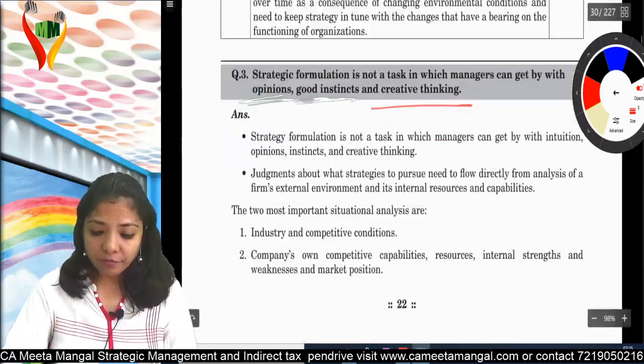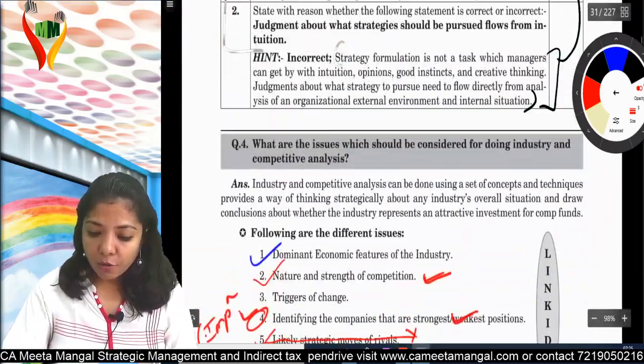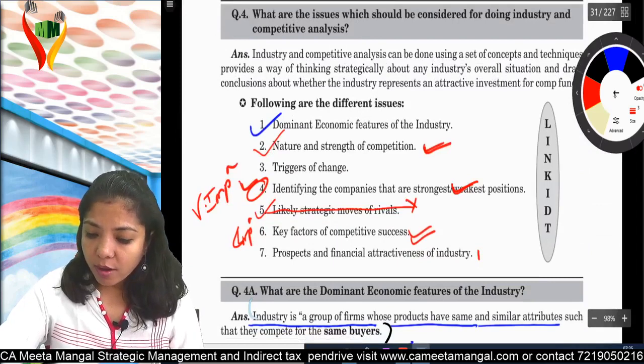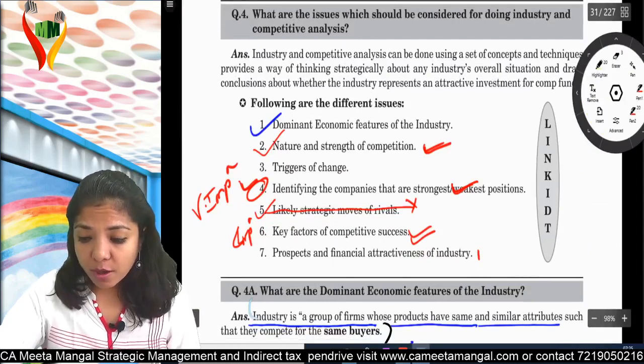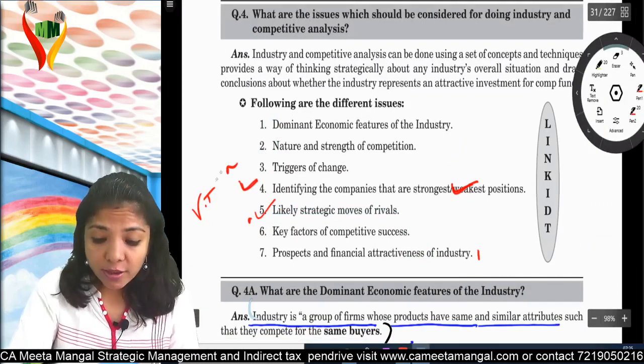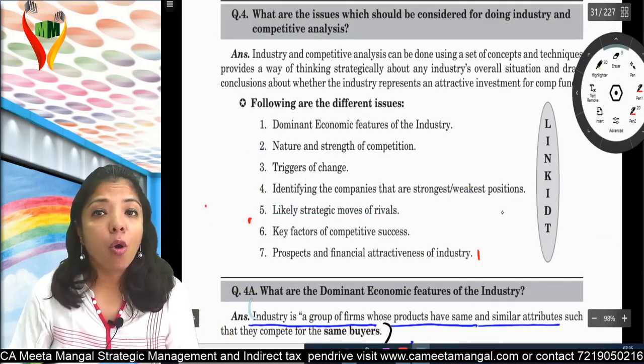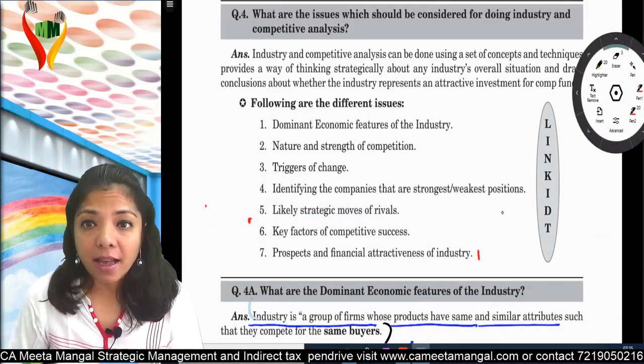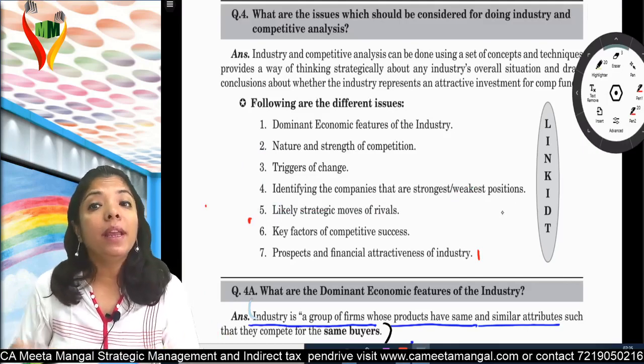Question number 3 clear? Now question number 4. What is question number 4? The next question that should come to our mind is, when you're saying that we have to do external environment analysis, in that what we need to do?